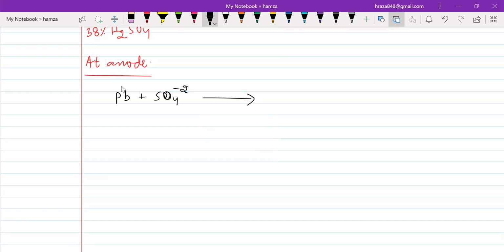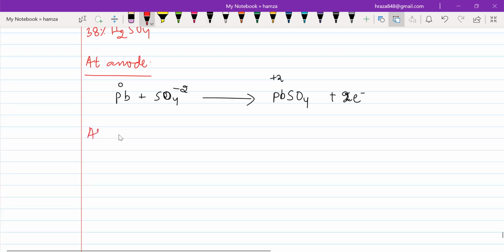Since lead is in elemental form, the oxidation state will be 0. Now it will form a compound with SO4, so PbSO4, and it will have oxidation state lead plus 2, and it will lose 2 electrons. Who will lose 2 electrons? Lead.